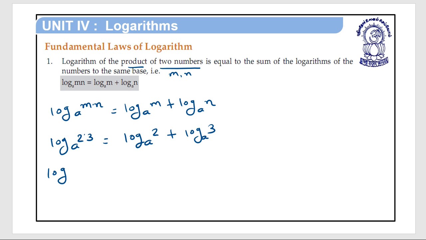Next one, log of 1 into 5. So log 1 plus log 5. Here log 1 is equal to 0. So the answer is log 5.